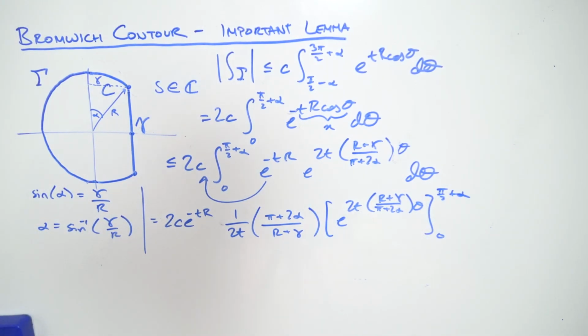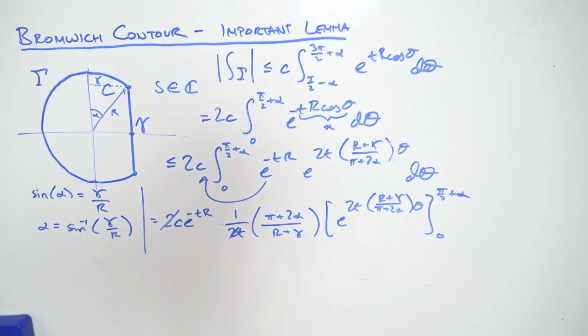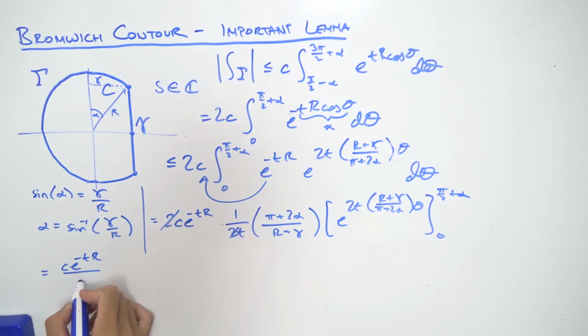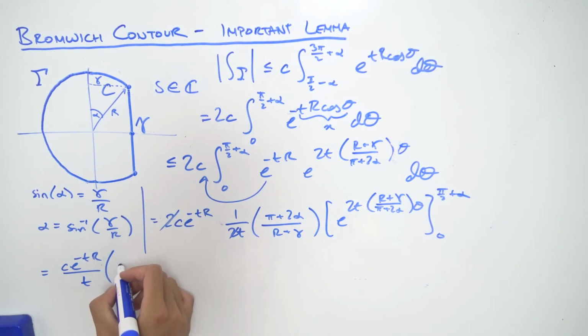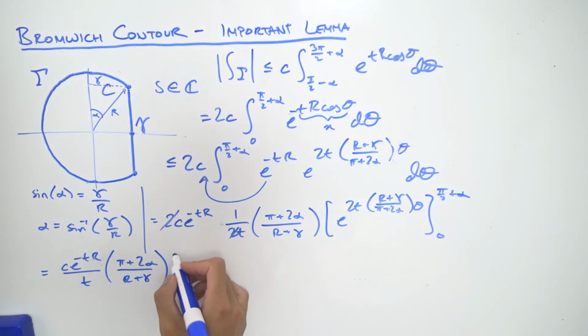And obviously some nice simplifications can occur. This 2 and 2 can cancel, for instance. And what are we left with? We're going to have now c times e to the minus t times r divided by t. And then we have this parentheses over here, so that's pi plus 2 alpha divided by r plus gamma. And we're going to multiply this.